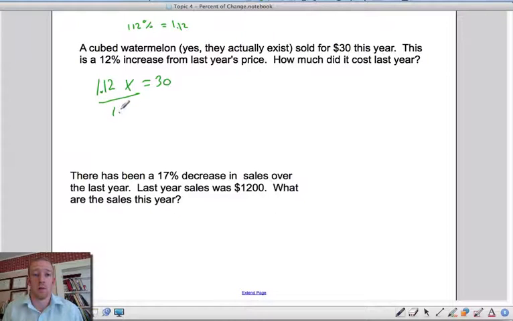So then divide by 1.12, and you get x equals approximately 26.76.